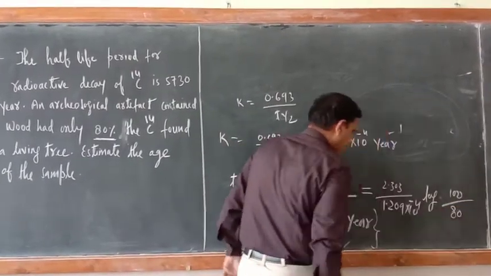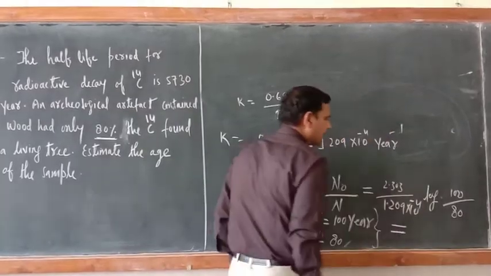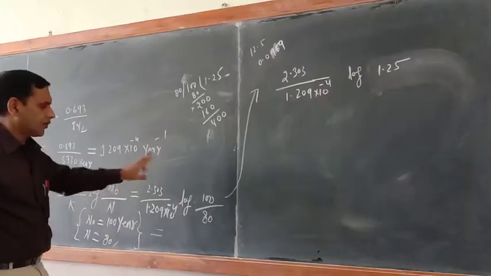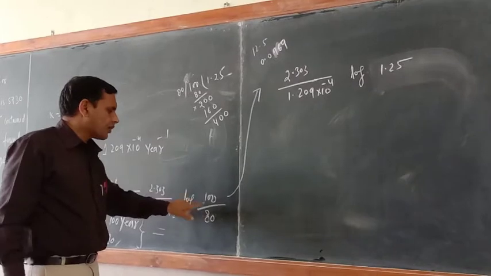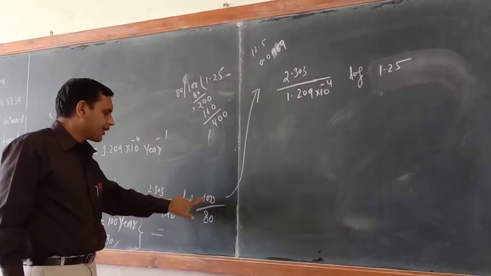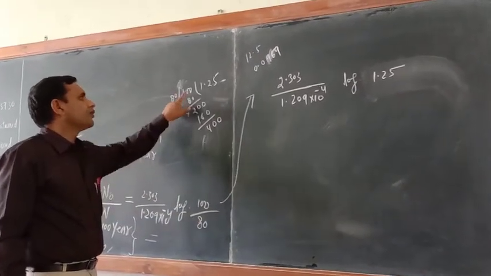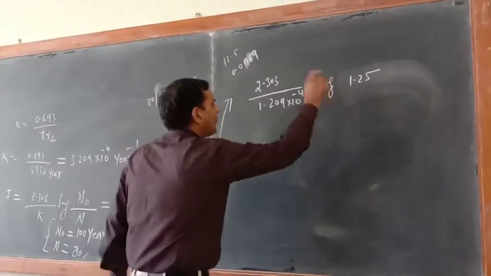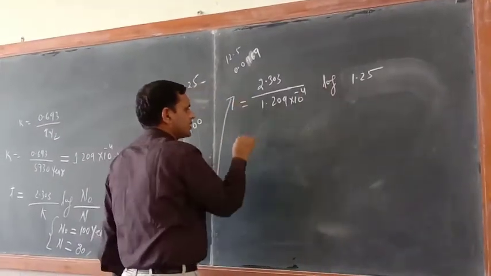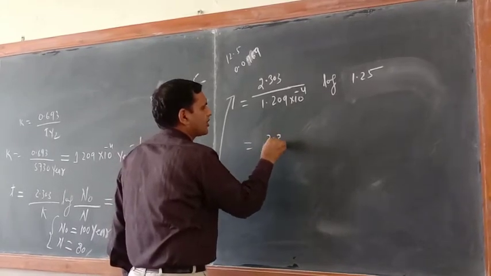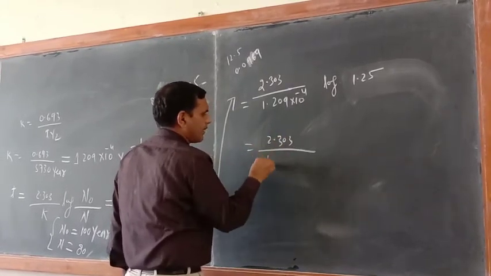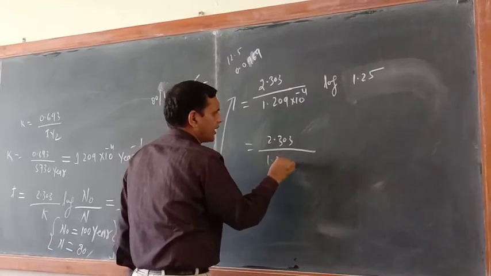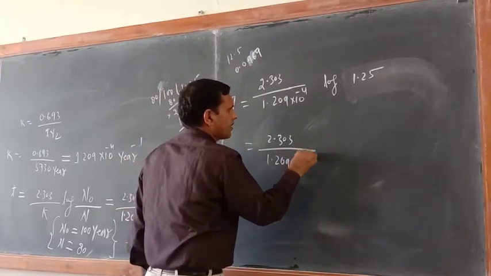Now if you solve log 100 by 80, you will get 1.25. So log 1.25 equals 2.303 divided by 1.209 into 10 raised to the power minus 4.